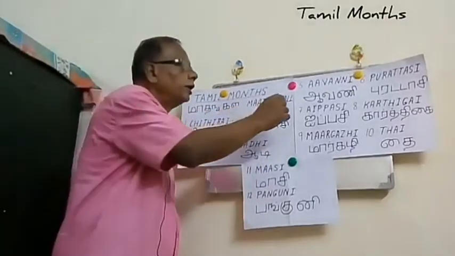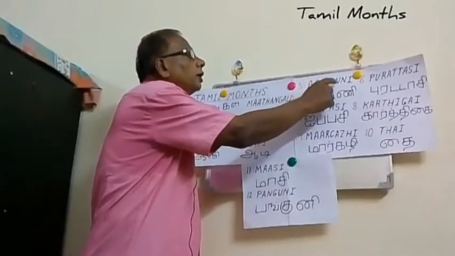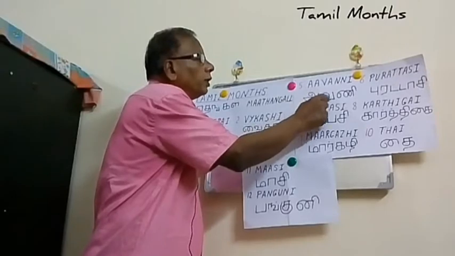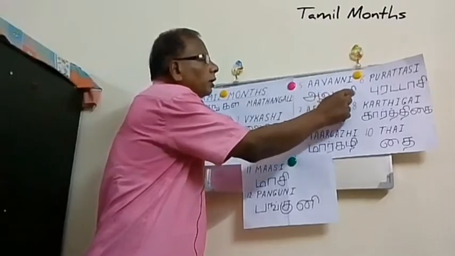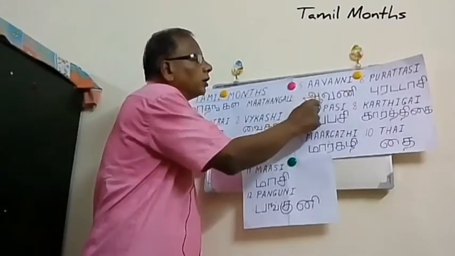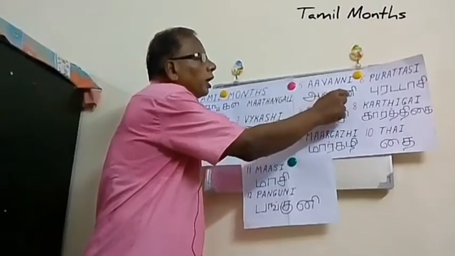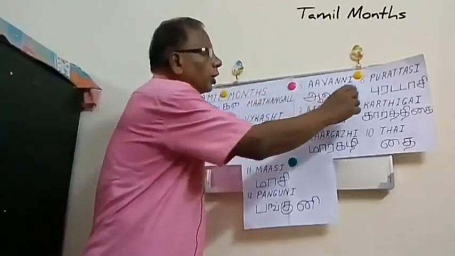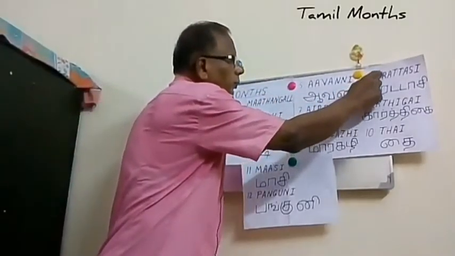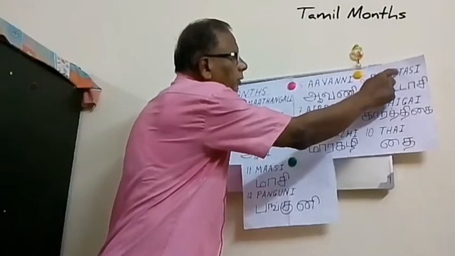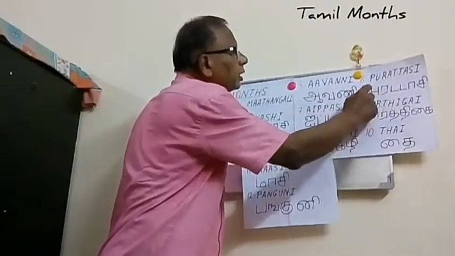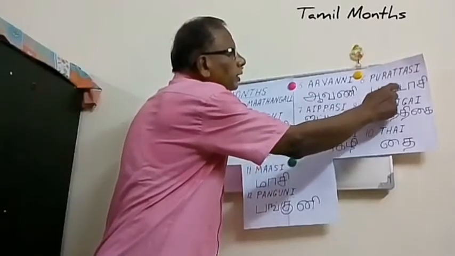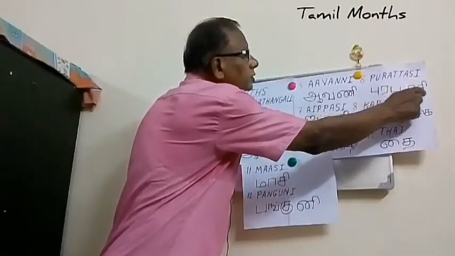Then comes Avani, written A-V-A-N-N-I. Avani. Then comes Purattasi, written P-U-R-A-T-T-A-S-I.